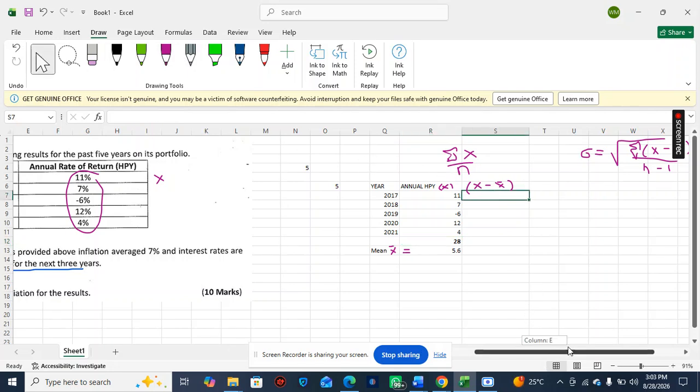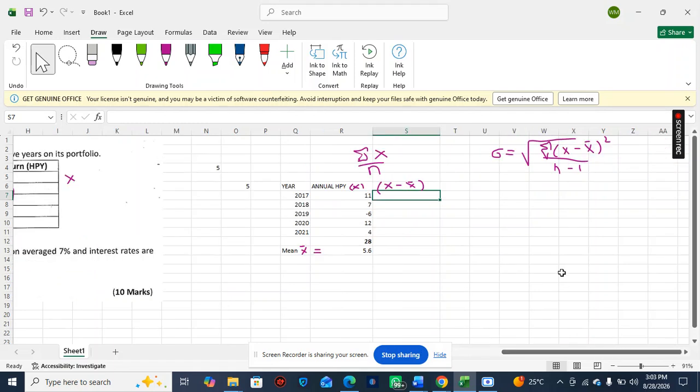So this is x minus x bar: each of these returns, you are going to subtract it from the average. X bar is the average. X is the individual return.